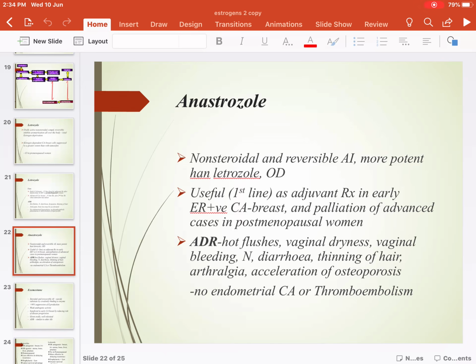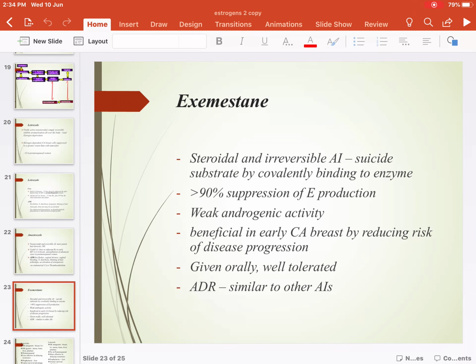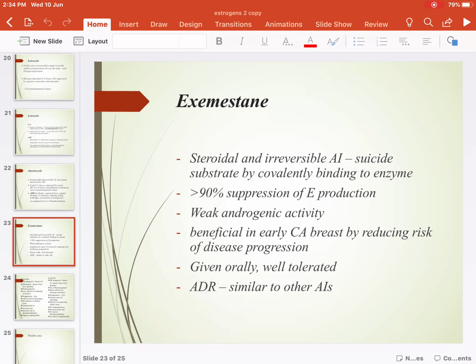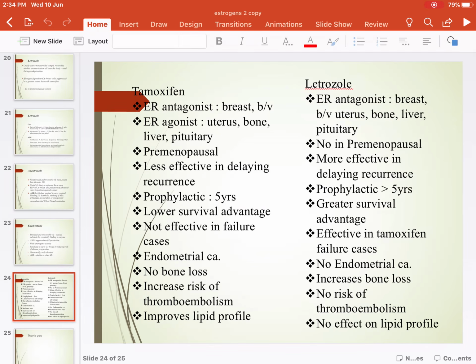It is used in carcinoma breast. Exemestane is irreversible. Letrozole and anastrozole are reversible blockers, whereas exemestane is an irreversible blocker. Hence, it is called a suicide substrate for covalently bonding to the enzyme. It suppresses almost 90% of the estrogen production. It is beneficial in early carcinoma breast, given orally.